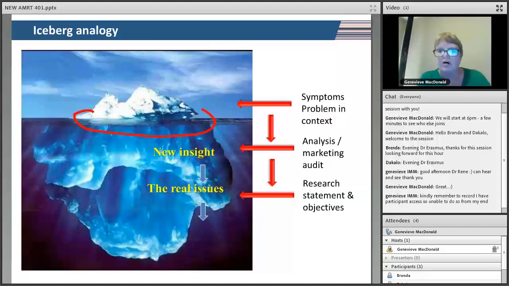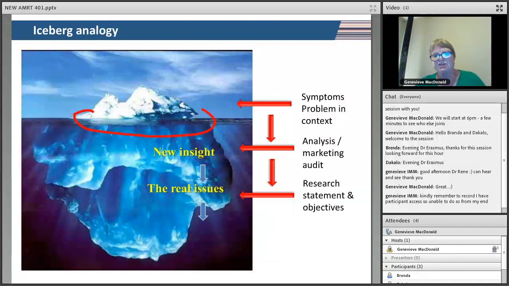And that is your marketing analysis, where you compare against appropriate theory, to see where there were gaps or bottlenecks, where this strategy or intervention plan missed out. And that brings you to the real issues, the underlying complexities and issues of this particular problem. That helps you frame a more specific research statement.